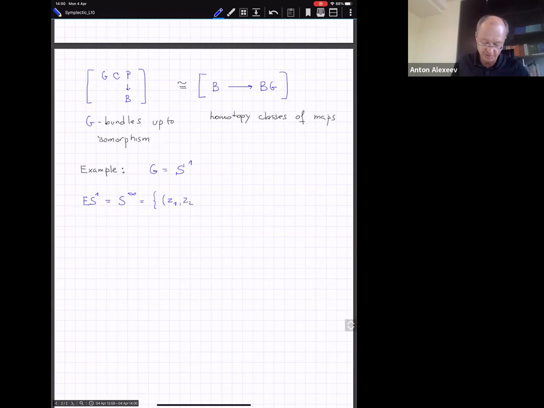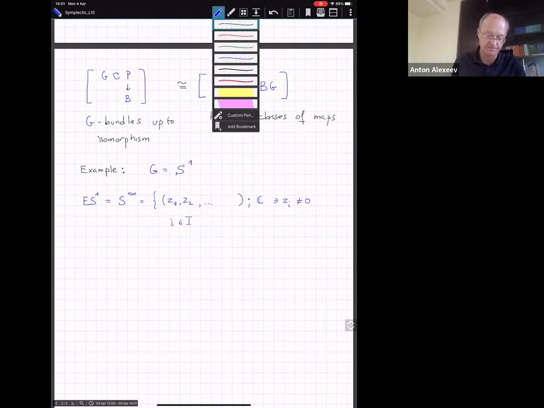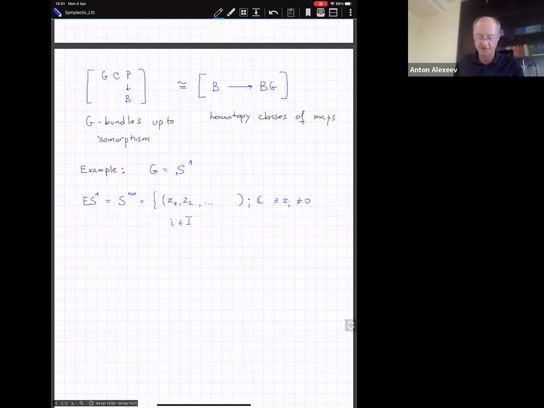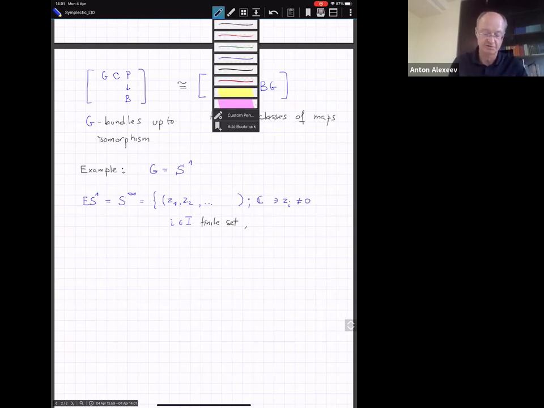This infinite dimensional sphere is the set of sequences of complex numbers z_i in C, where z_i is not equal to 0 only if i is in some finite set. So in each sequence there is only a finite number of non-zero z's, but they can of course be different in different sequences.